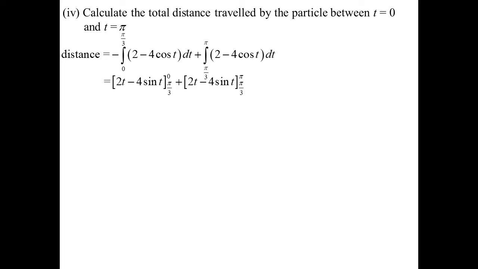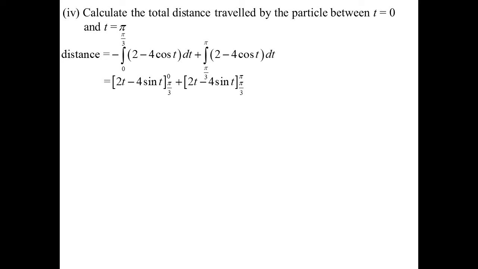So we know that it's pi on 3, but that's below. So from 0 to pi on 3, that will be negative. From pi on 3 to pi, it'll be positive. So we integrate. Notice on the first one, I have swapped the limits, so it's no longer negative. That means both of those functions are 2t minus 4 sine t.